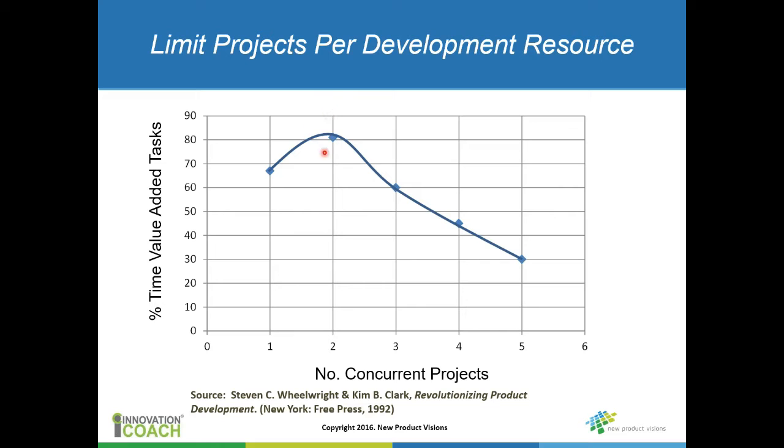The second point is it's important to think about the phase of the project. So even if somebody is working on two projects, if they're both exactly in the same phase of development, for instance, maybe they're both at the end of the phase where you're moving a product into manufacturing or a product from manufacturing into the market, that's a high intensity type of situation.